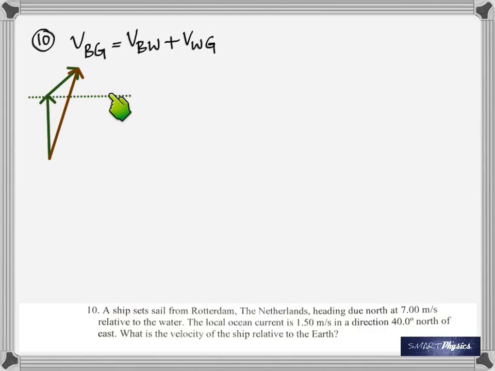So that's the east. So this must be 40 degrees. So the ship is going due north, the water is taking it this way, and therefore the sum of the two vectors would be along this. That's all.